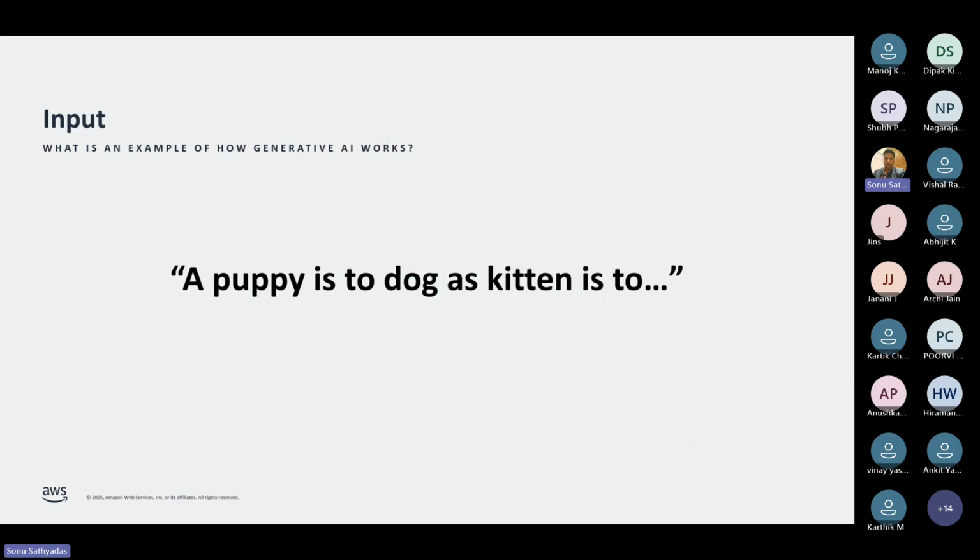So when we provide a prompt to a model for generating content, it's called the input or prompt. A prompt is nothing but a text instruction given to a model. It can be a foundation model or a customized model. But to generate some content using these generative AI models, you always need to provide an input.